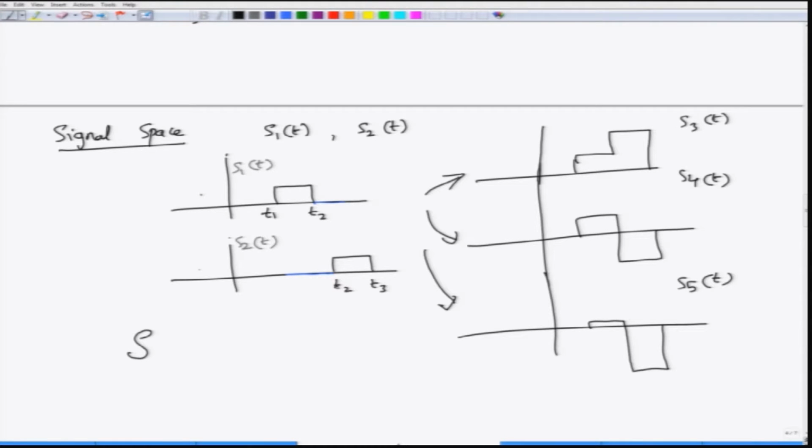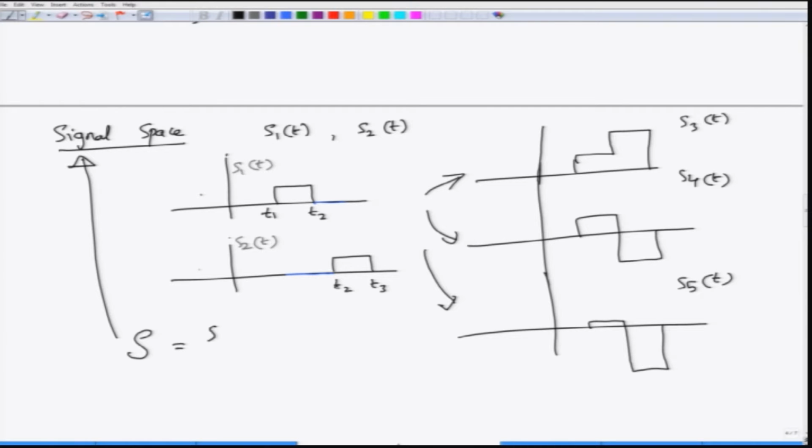So, as though S1 and S2 are the basis signals or basis vectors for us, if I take any linear combination, there could be an infinite number of such linear combinations resulting in an infinite number of signals, but each of those signals can be built up just by stretching and expanding each of those S1 of t and S2 of t. We are not allowed to move it outside the domain, but we are allowed to multiply it by any real number. Such a space is called the signal space.